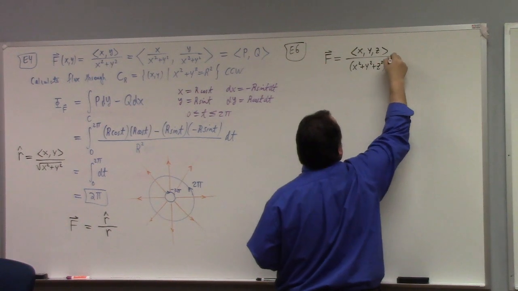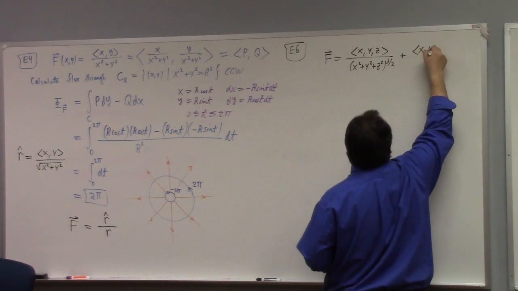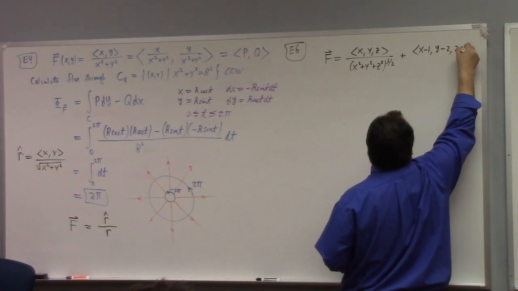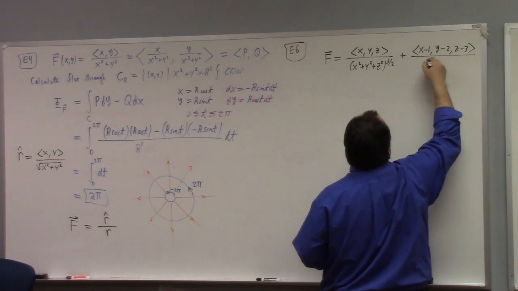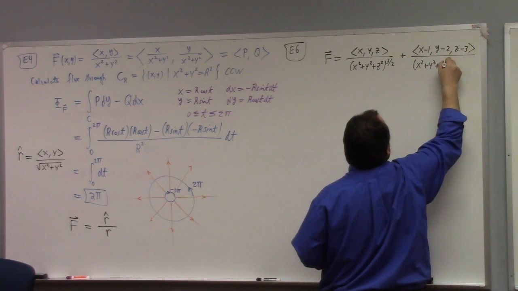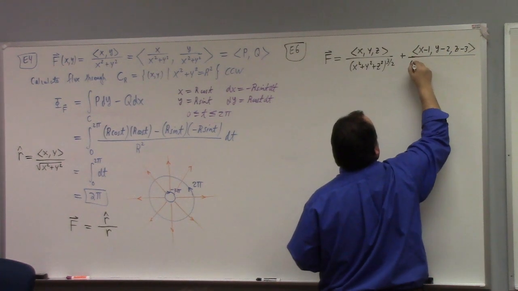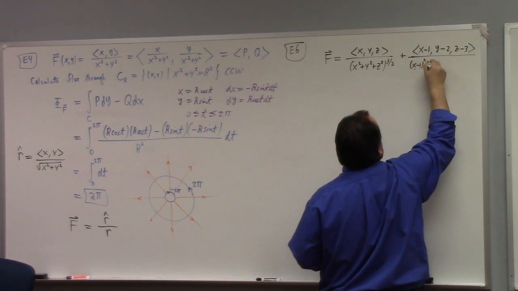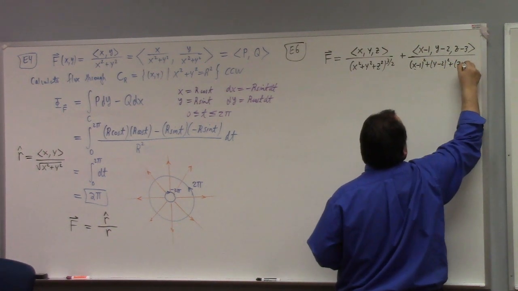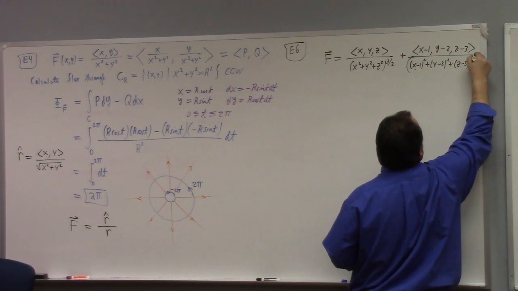So that's the one we just did, right? And then plus the vector x minus 1, y minus 2, z minus 3 divided by (x minus 1 squared plus y minus 2 squared plus z minus 3 squared) to the 3/2 power.